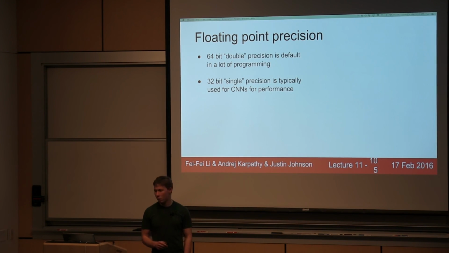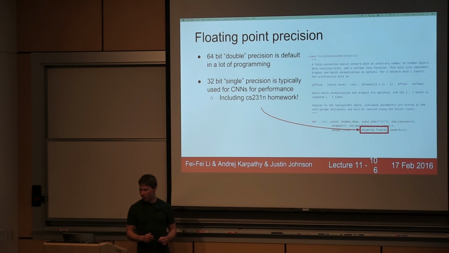More commonly used for deep learning is single precision, which is only 32 bits. If each number takes fewer bits, you can store more of those numbers within the same amount of memory, which is good. Also, with fewer bits, you need less compute to operate on those numbers, which is also good. So in general, we would like smaller data types because they're faster to compute and use less memory.